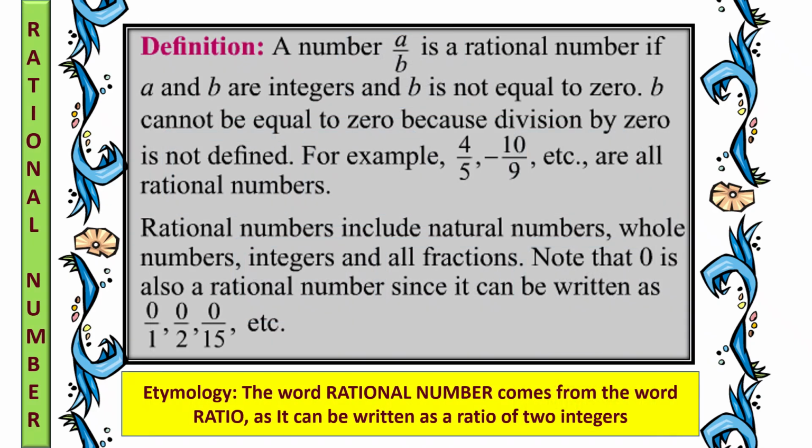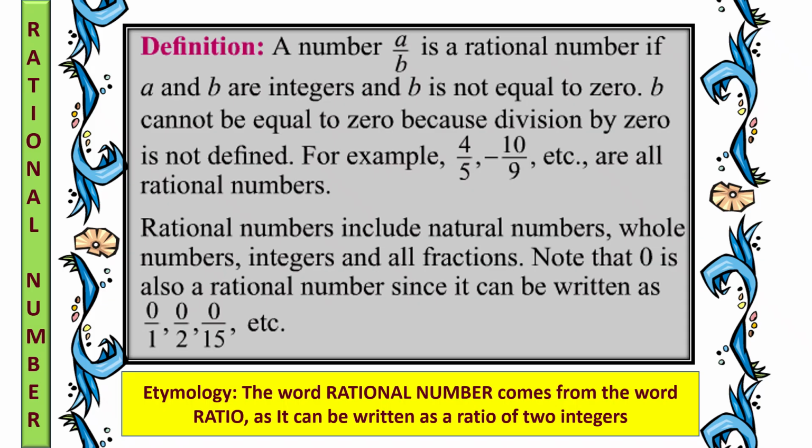So the definition of rational numbers: a number a/b is a rational number if a and b are integers and b is not equal to 0. b cannot be equal to 0 because division by 0 is not defined.